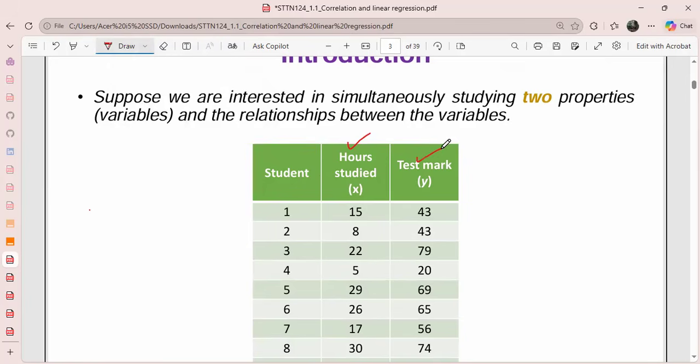Then to measure the relationship, you need to find the r. I believe you guys know how to find the r in the calculator from the Sttn 311 module, to find the small letter r. Then after you interpret, once you find the small letter r, it's easy for you to find the coefficient of determination once you find the value of r.